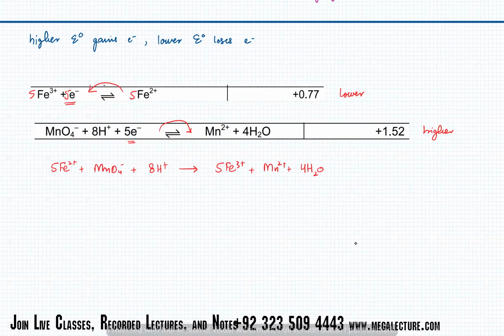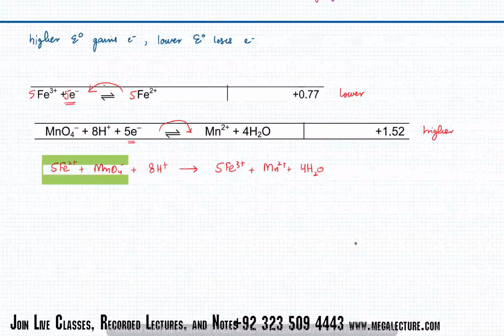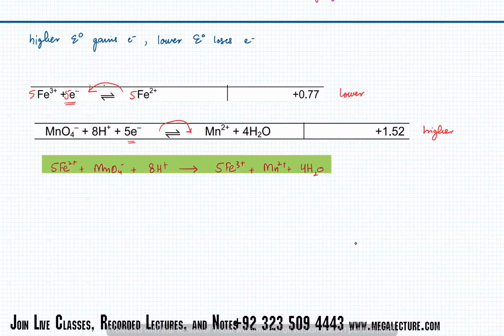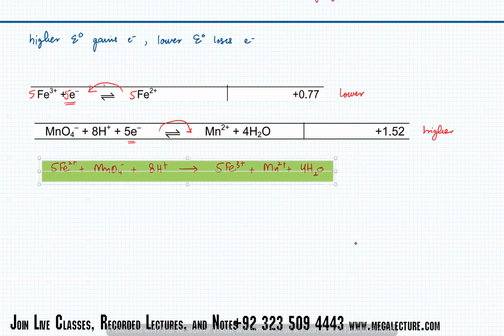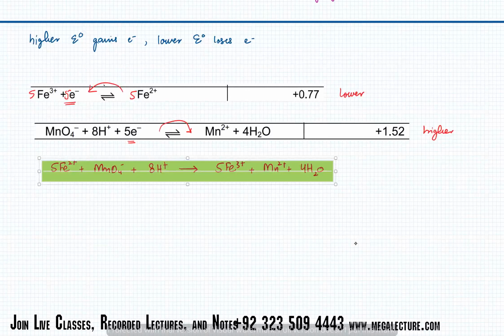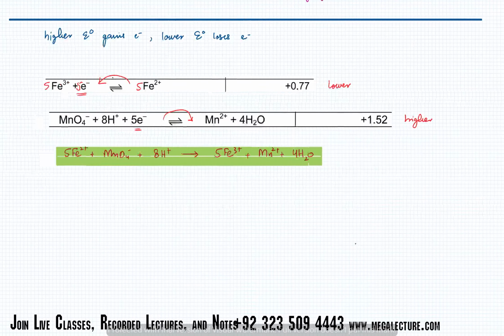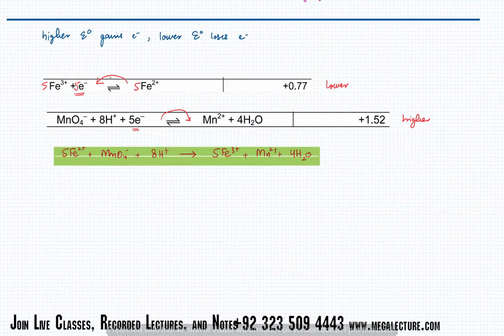Okay, so you get your reaction now. That's our overall reaction. Is this clear? Yep, it's clear. So that's all you got to do. If you know what the electrodes are, you can just make up the reaction.